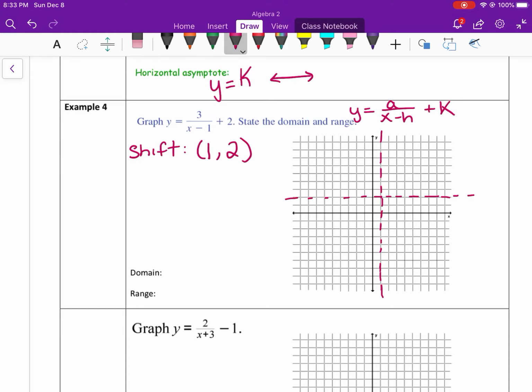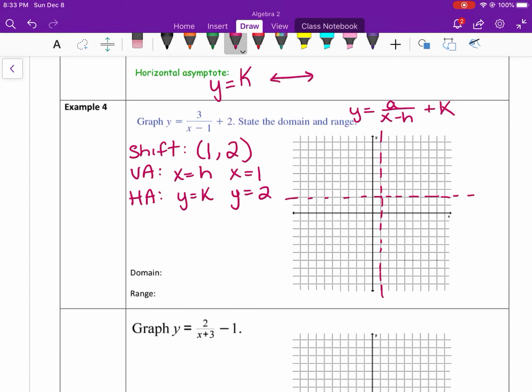Our vertical asymptote will be x equals h, and that means it is x equals 1. So that's my vertical asymptote, which you can see on my graph. The horizontal asymptote is going to be y equals k, so it's going to be y equals 2. So those are your asymptotes.